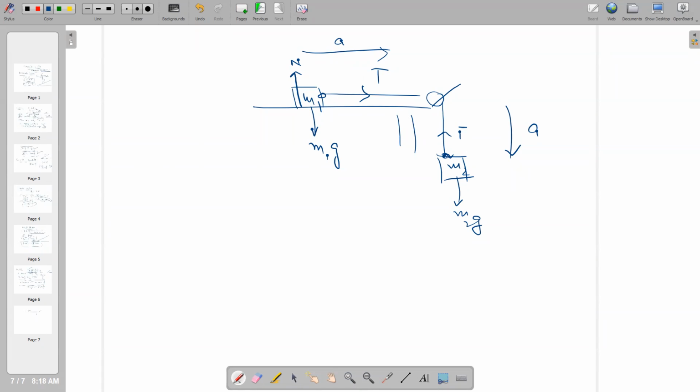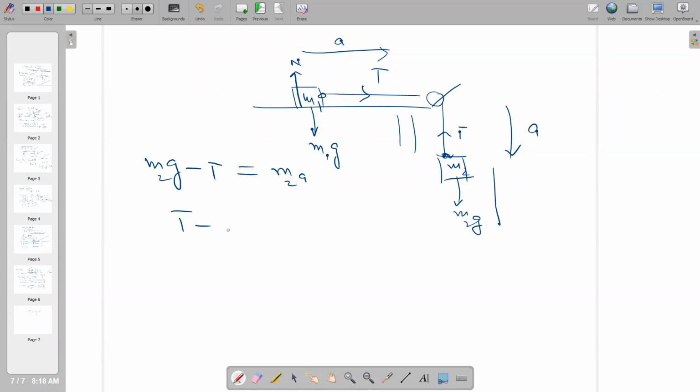So last time I wrote this equation. Again, I'm writing M2G minus T is equal to M2A. M2G downward minus T is equal to the net force M2A. In this direction, it is balanced by M1G. It is not moving in this direction. It is only moving in this direction. So the force is what?